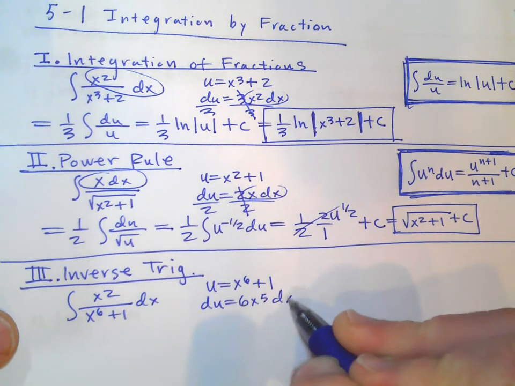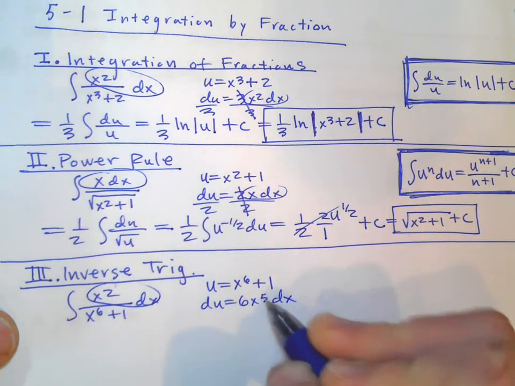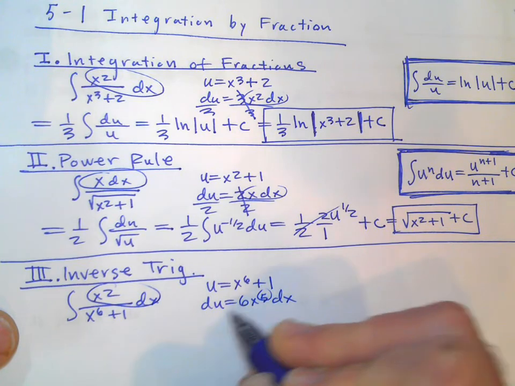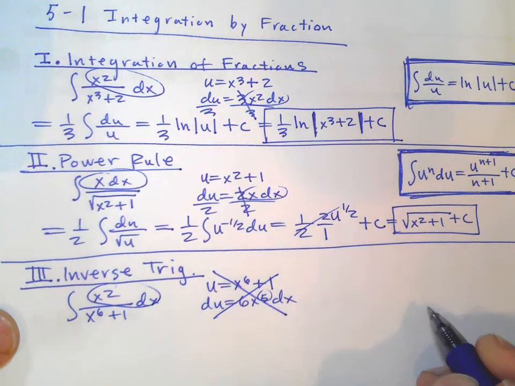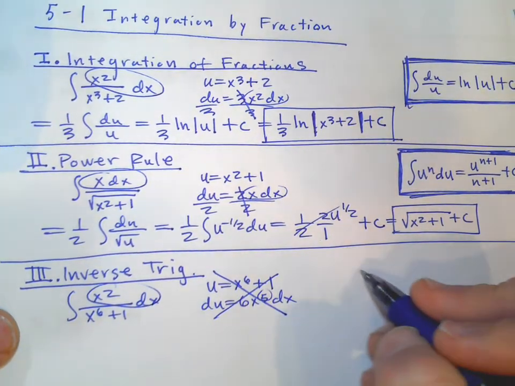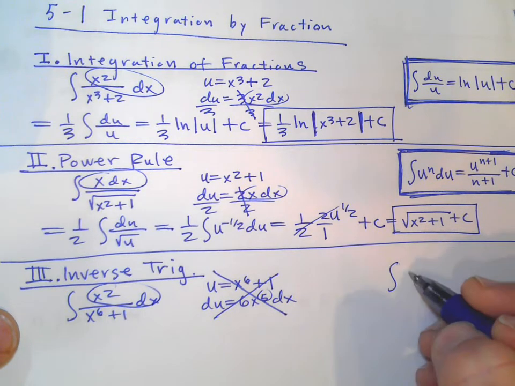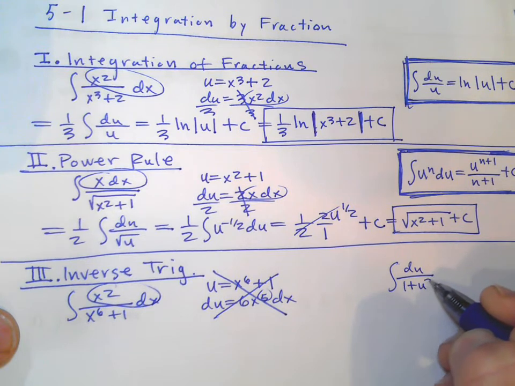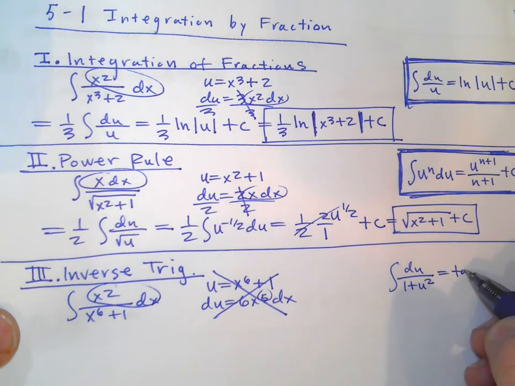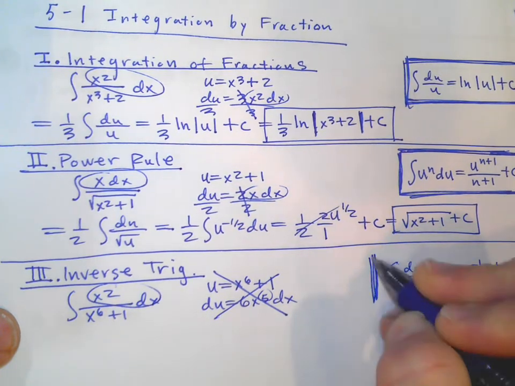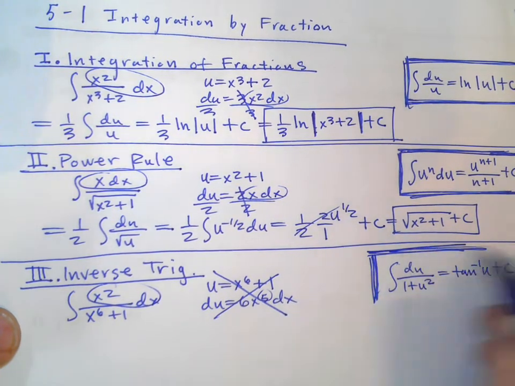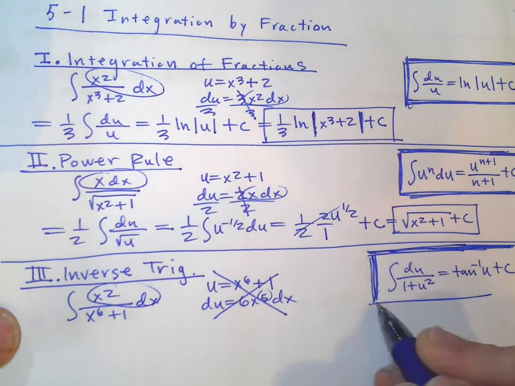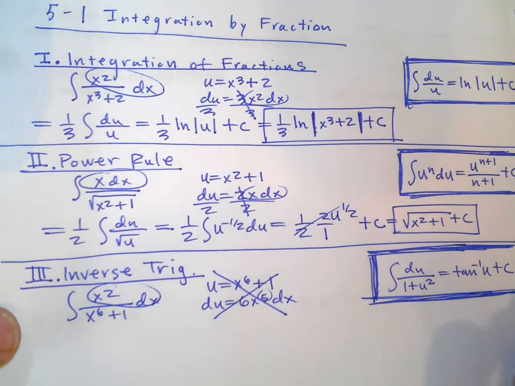And this one is no good because we need x squared dx, and this has x to the 5th, so that's not going to work. So something to consider might be a rule like this. Integral of du over 1 plus u squared is inverse tangent of u plus c. So kind of giving you guys some strong hints, but now we will get back in the hang of recognizing these ourselves.